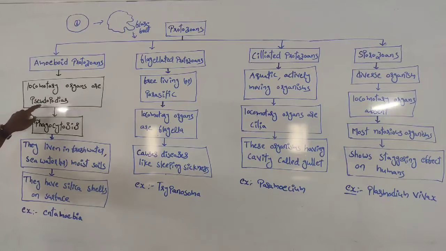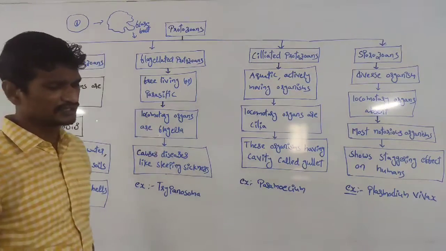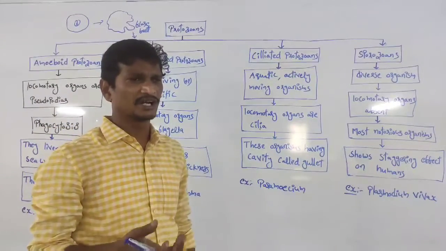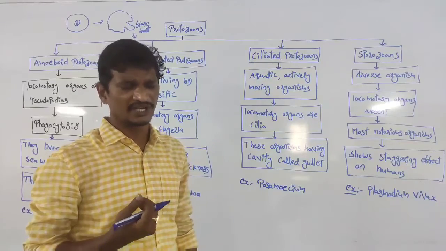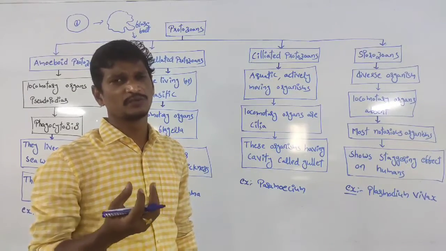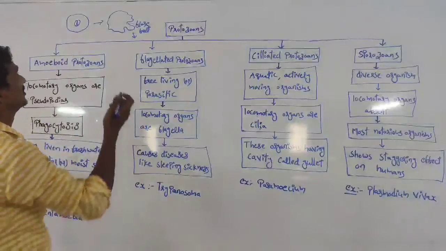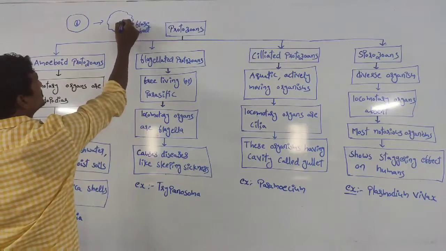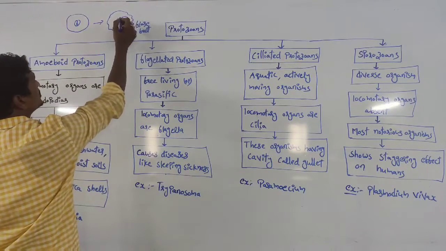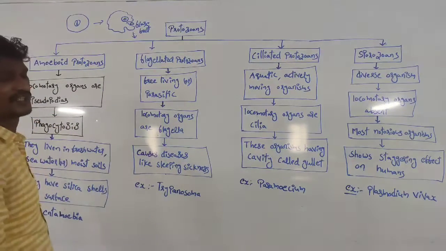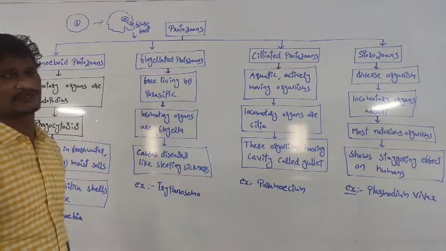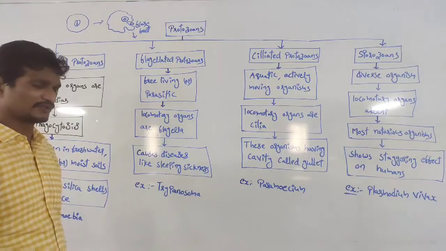So the locomotory organs are the pseudopodia, and phagocytosis takes place. We know why these are moving: to search for food material or to engulf the food material. The organism moves, then the food material is taken inside. Once the food material is taken inside the organism, phagocytosis takes place.